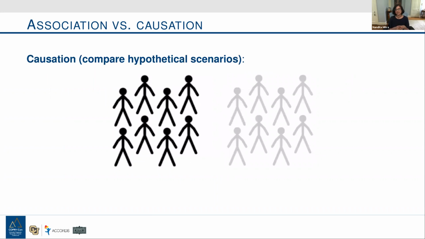Causation, again, we're talking about these hypothetical scenarios where we have the entire population, so all 8 of them are receiving the treatment on the left in black, versus all 8 of them receiving no treatment or the comparison treatment, and they're in gray. And now we make this comparison in these potential outcomes. So we're comparing, again, these hypothetical scenarios.